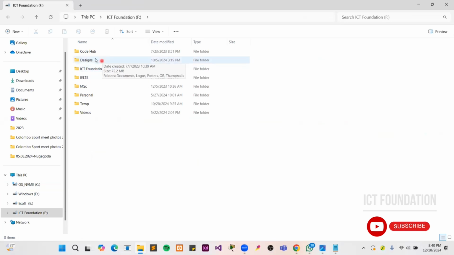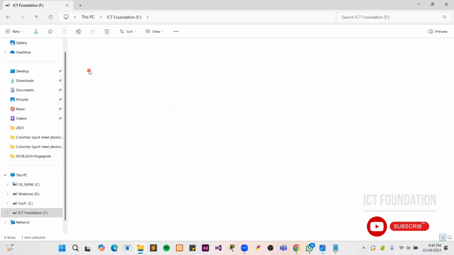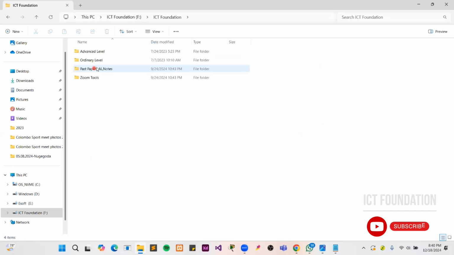Such capacity varieties are available in random access memory. When buying a hard disk, we buy with TB capacity. TB means terabyte. Like that, megabyte, gigabyte, terabyte are the measurements.